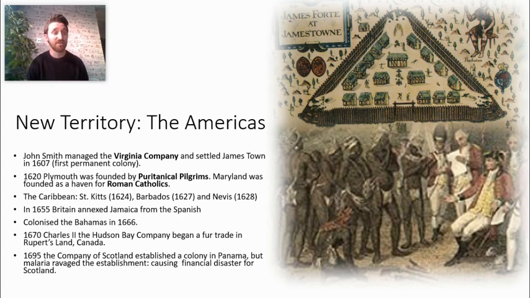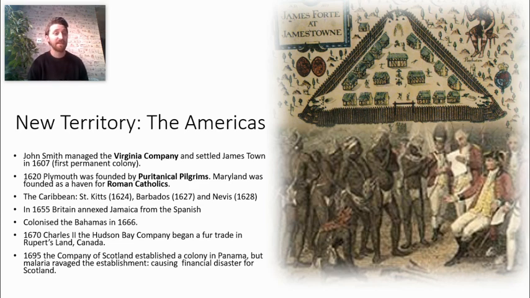In the 17th century, Britain had first started to establish quite small colonies in North America. The most famous, one of the first, is John Smith, who establishes the Virginia Company and settles in Jamestown as early as 1607.